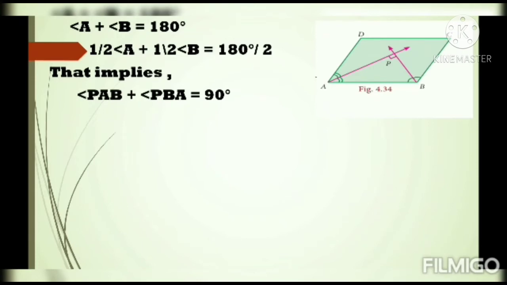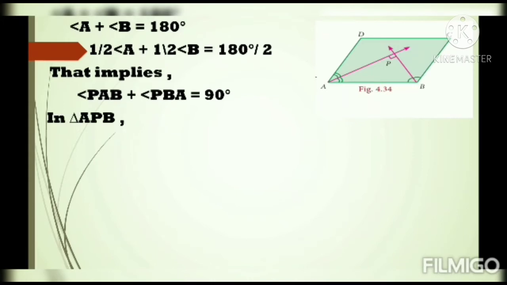what is the half of the angle A? Yes, you are right, angle PAB. Then, what is the half of angle B? Yes, angle PBA. So, angle PAB plus angle PBA equals, what is the half of 180 degrees? Yes, 90 degrees. So, angle PAB plus angle PBA equals 90 degrees.